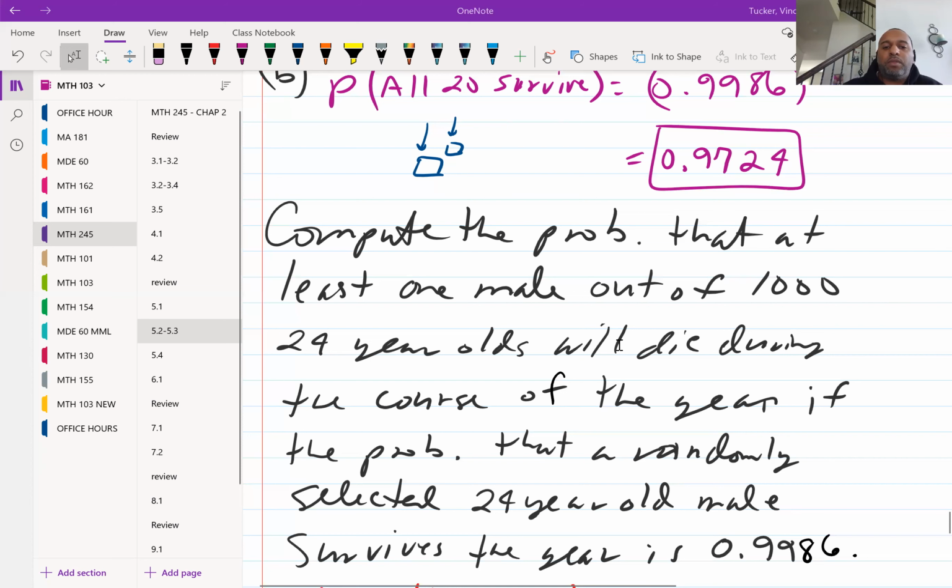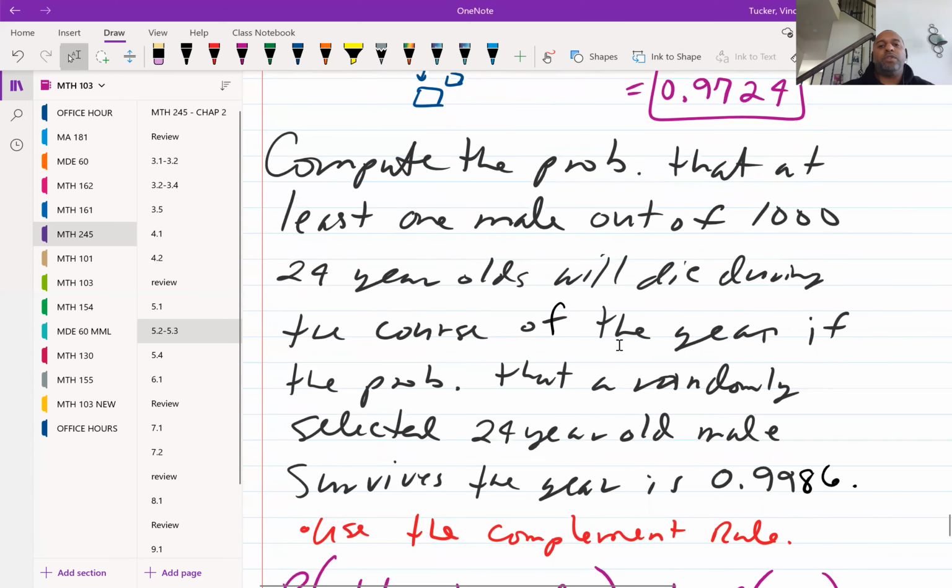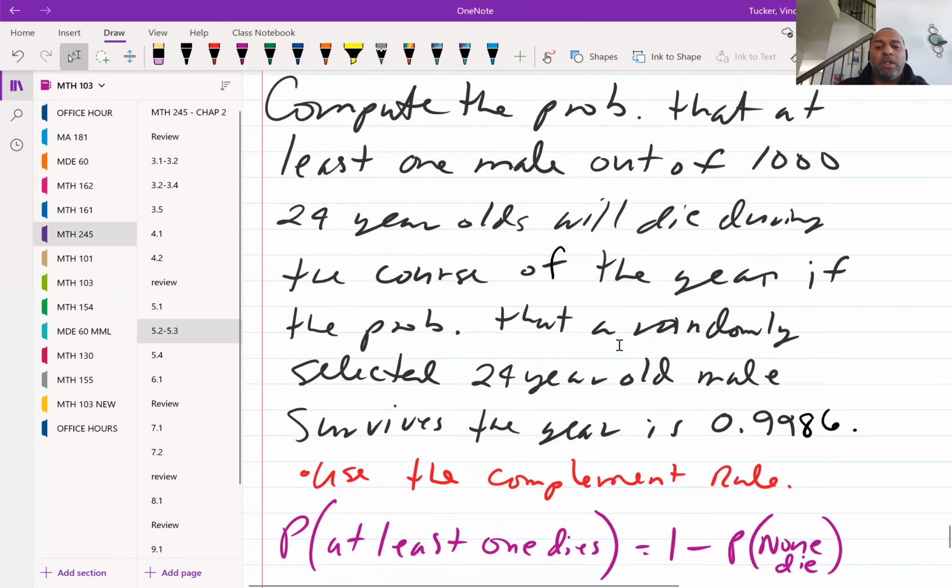All right. So here we're going to use the complement rule. We're trying to find the probability that at least one male out of 1,000 would die. Remember, we have the probability that all will survive. Now we're trying to find the probability that at least one out of the 1,000 will die.